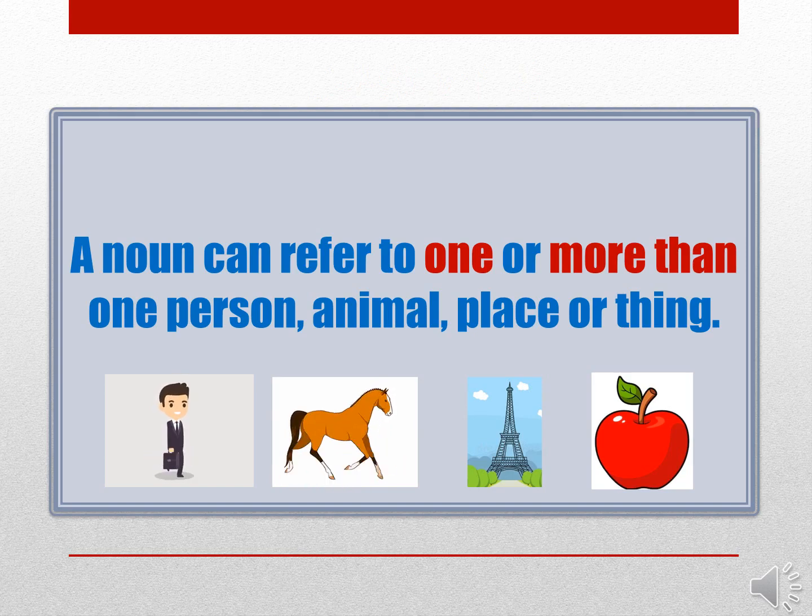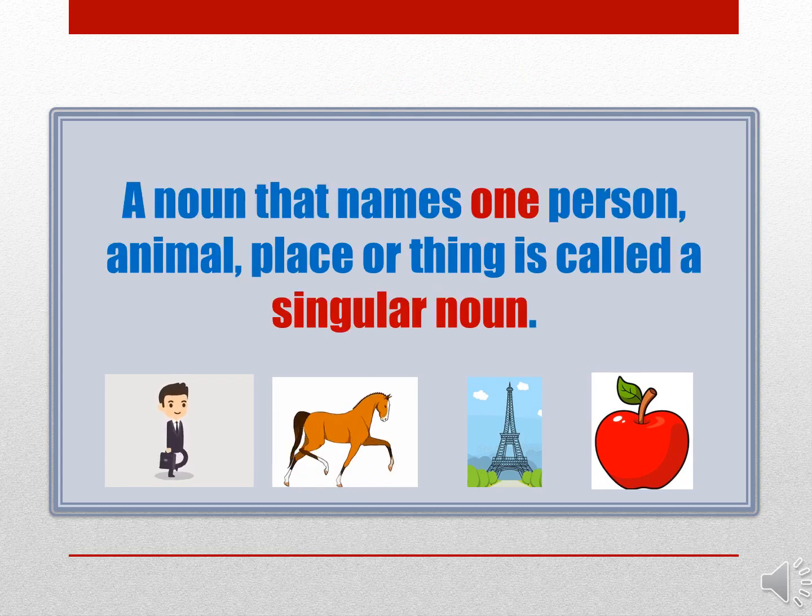A noun can refer to one or more than one person, animal, place, or thing. A noun that names one person, animal, place, or thing is called a singular noun.